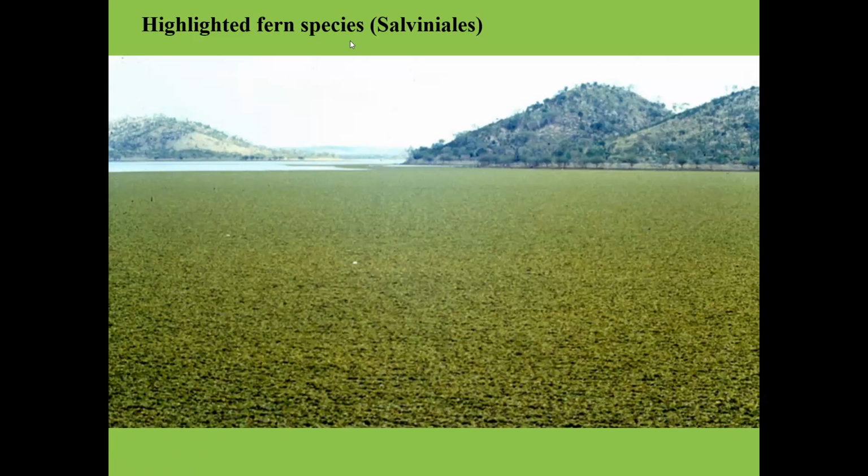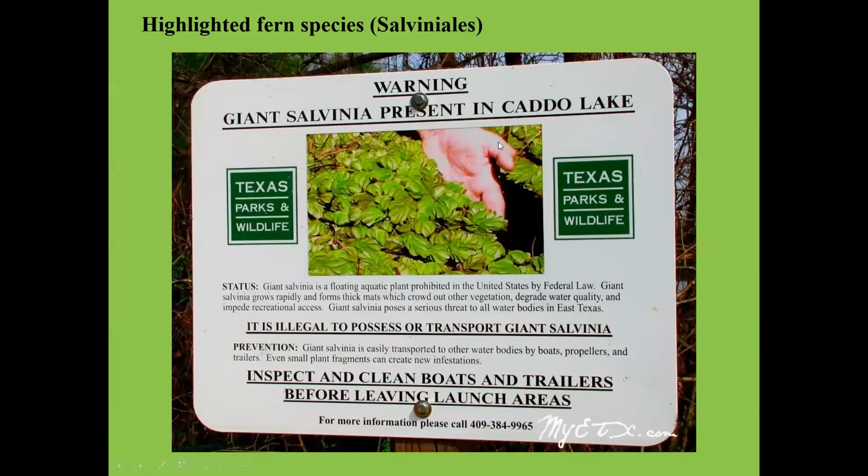This is bad. It's growing so aggressively that it's blocking sunlight from entering the water. It's preventing gas exchange in the water. It's just not good for the lake. It's not good for any of the organisms growing in that lake. And some places you actually see signs saying that it's illegal.